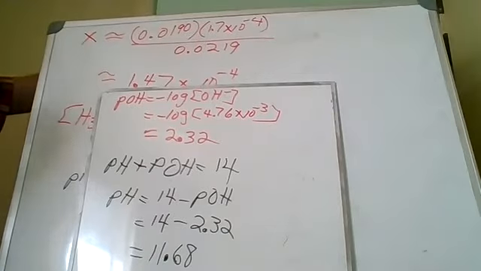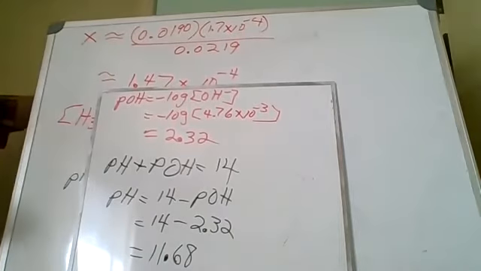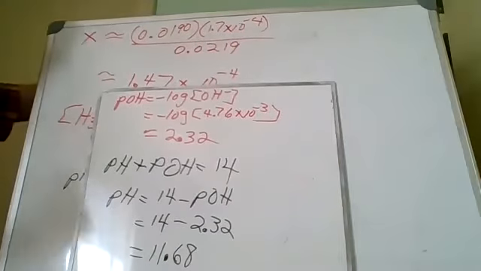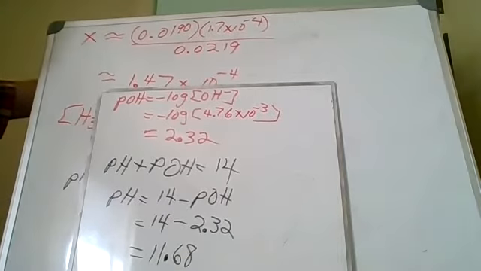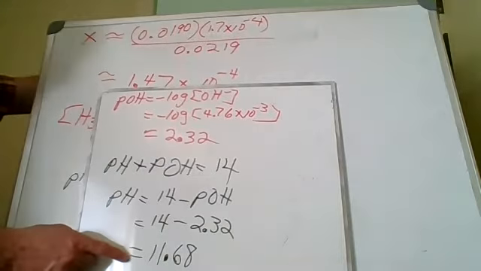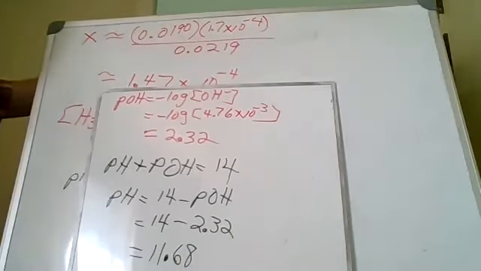So the difference in hydronium ion concentration with a buffer and without the buffer is a difference of 100 million times less without the buffer, or I should say greater with the presence of the buffer.